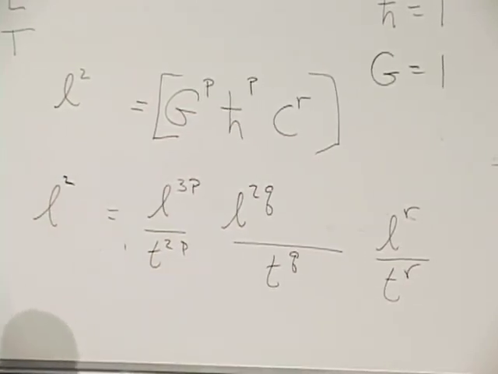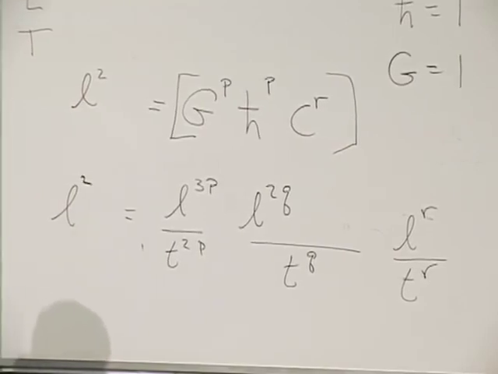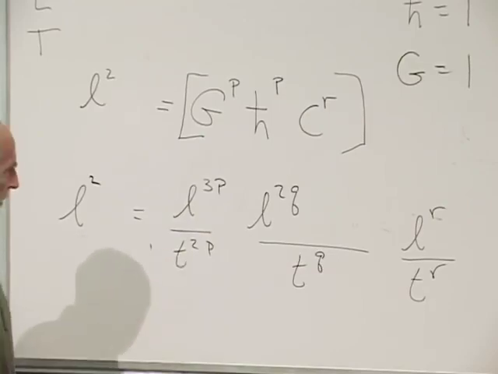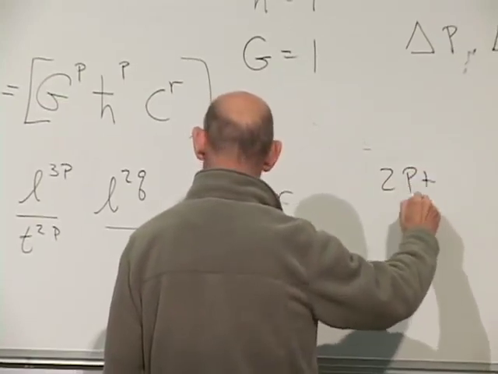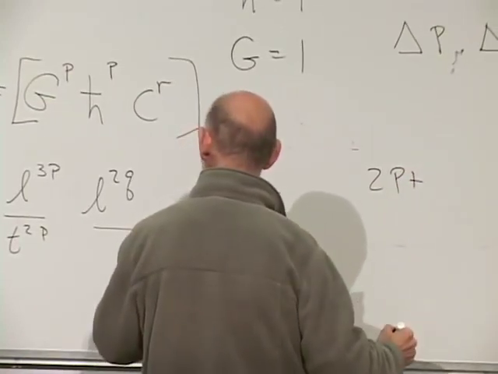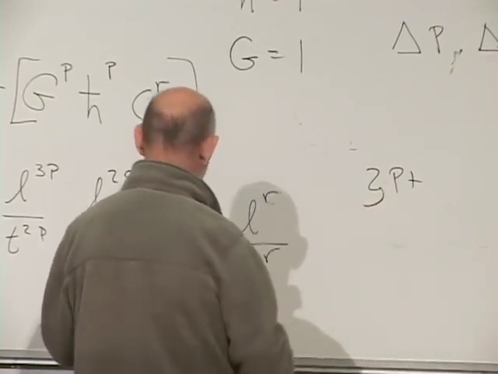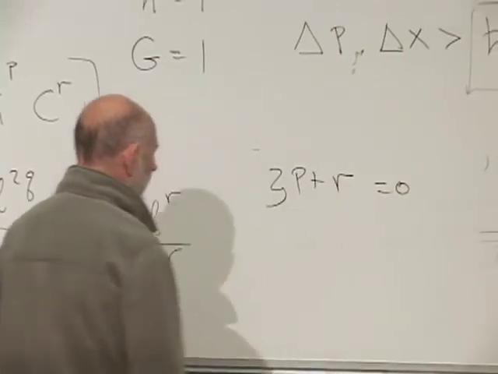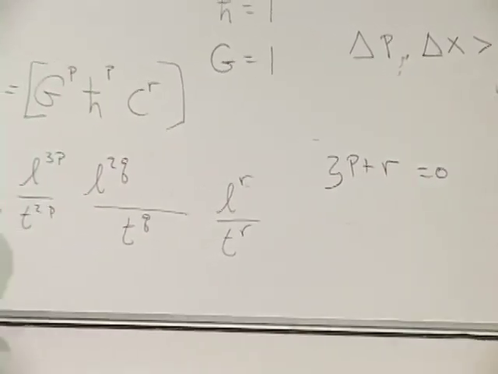Now, what else do we have? We have to get rid of all the times, it looks like. All right, so how many times do we have? We have 2p plus q, which is the same as p, so that's 3p plus r equals 0.